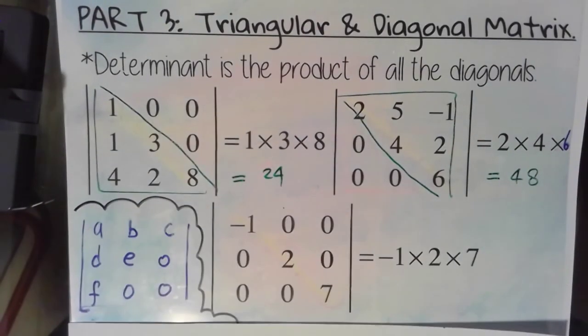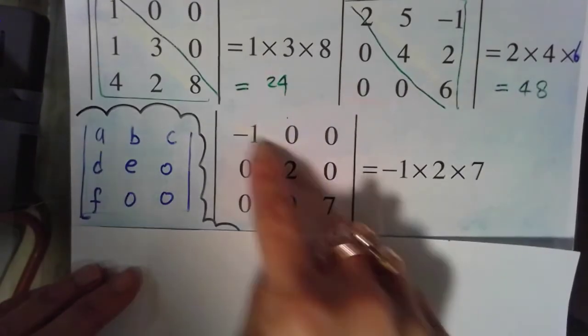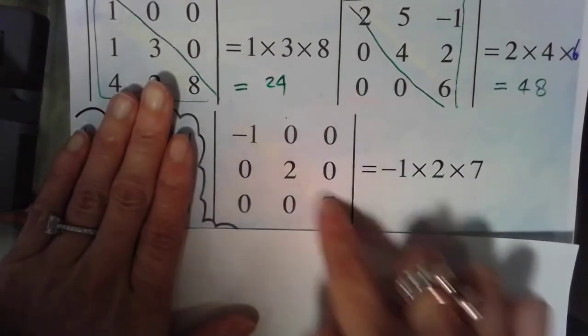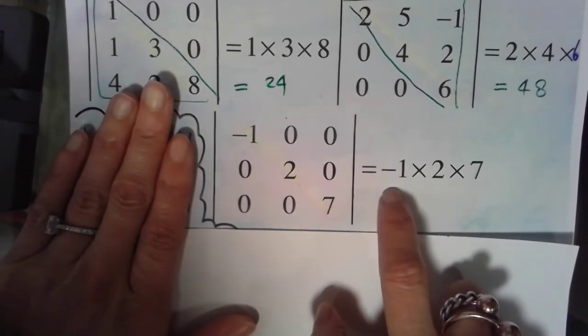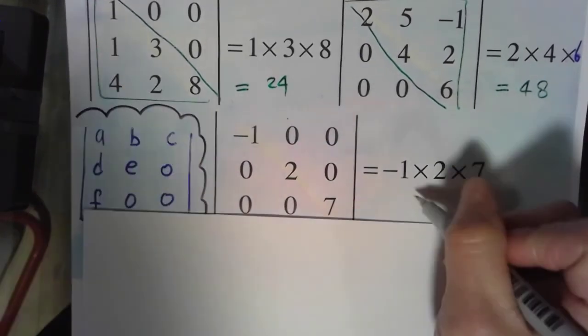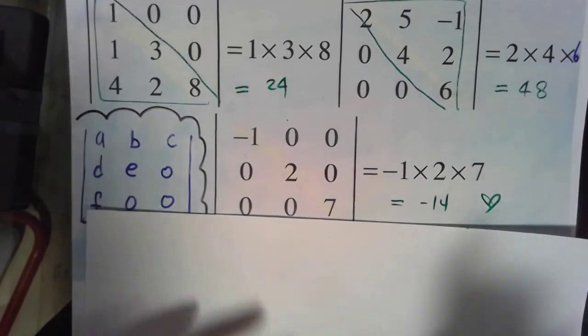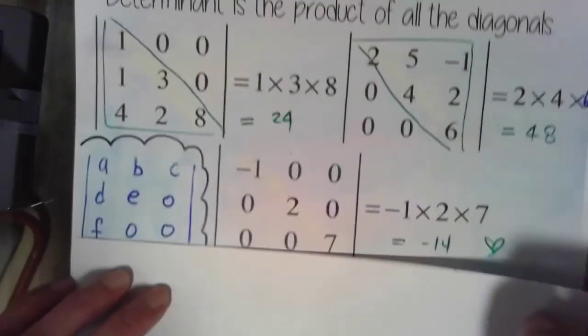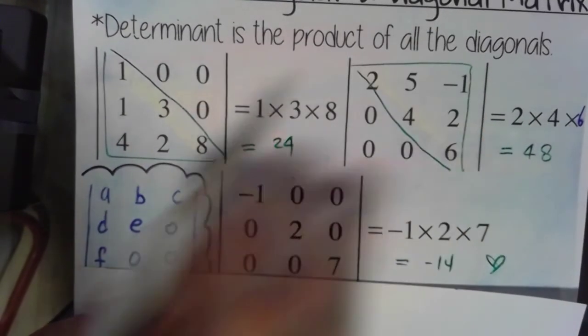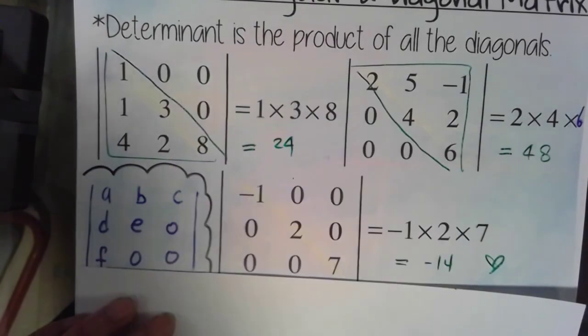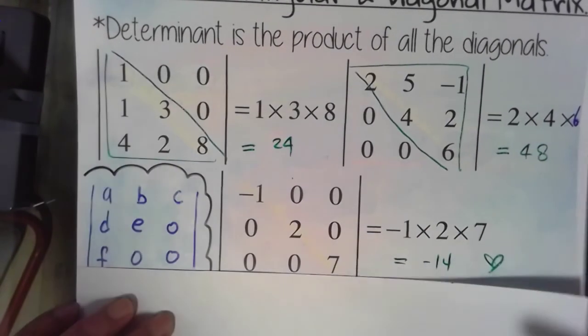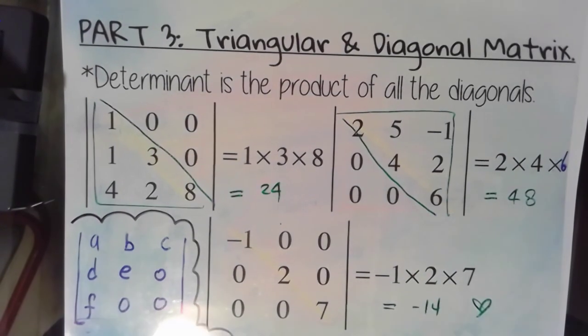It's like this. It's when you have zeros everywhere else besides the main diagonal. And in which case you also simply multiply the main diagonal. In this case, you get negative 14 for the diagonal. You don't need to do the whole method where you write the first 2 rows or first 2 columns or the minors and cofactors method for anything that's a triangular or diagonal matrix, okay?